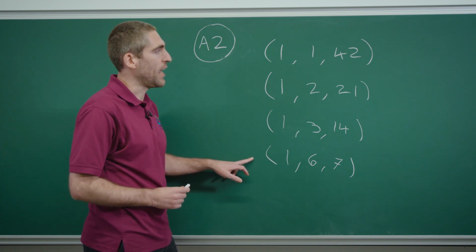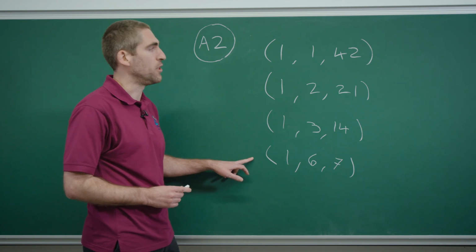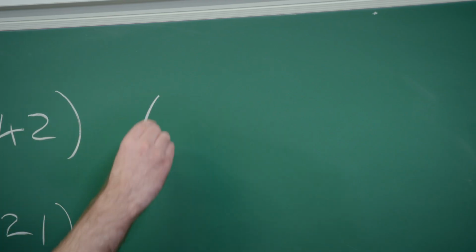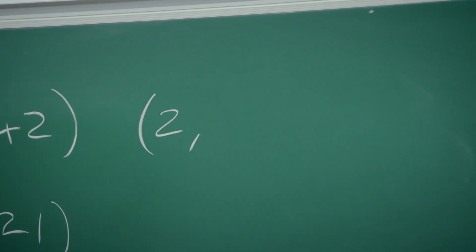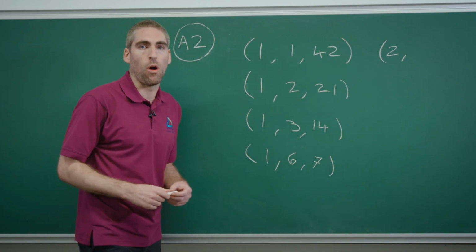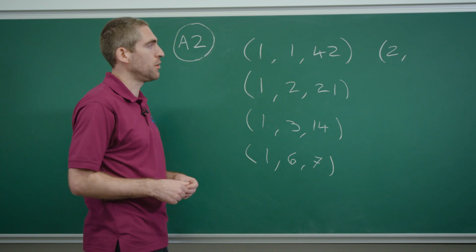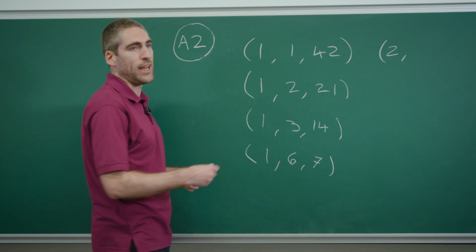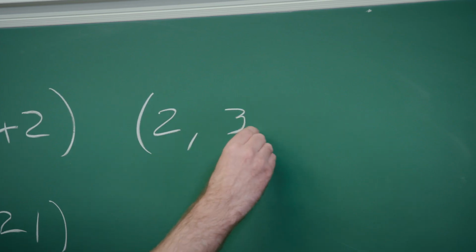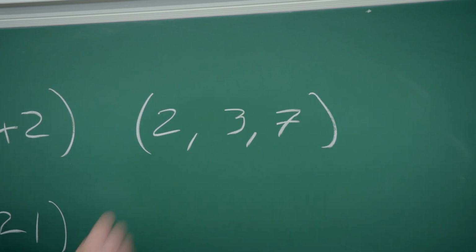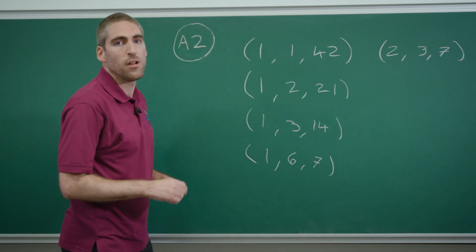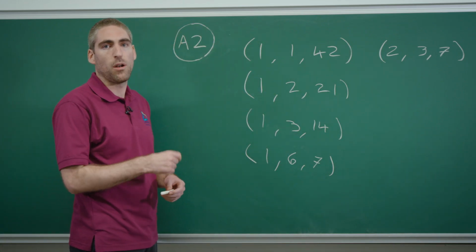We'll now move on to the case where the smallest factor in the triple is 2. So if the first number in the triple is 2, 42 divided by 2 is 21. So we now want a factor pair of 21 where both factors are at least 2. So we can have 3 and 7. And in fact, 3 and 7 are going to be the only factor pair of 21 where that's true.